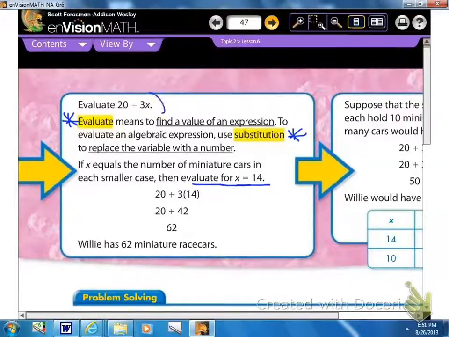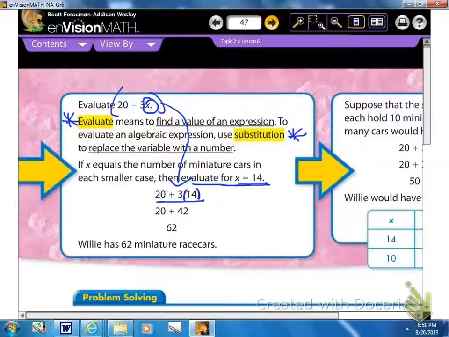So take this expression up here, right? And we're going to plug in 14 for x like they show here. So now it becomes 20 plus 3 times 14, because now they say x is 14. So they show you that, again, we're solving algebraic expressions, so order of operations.